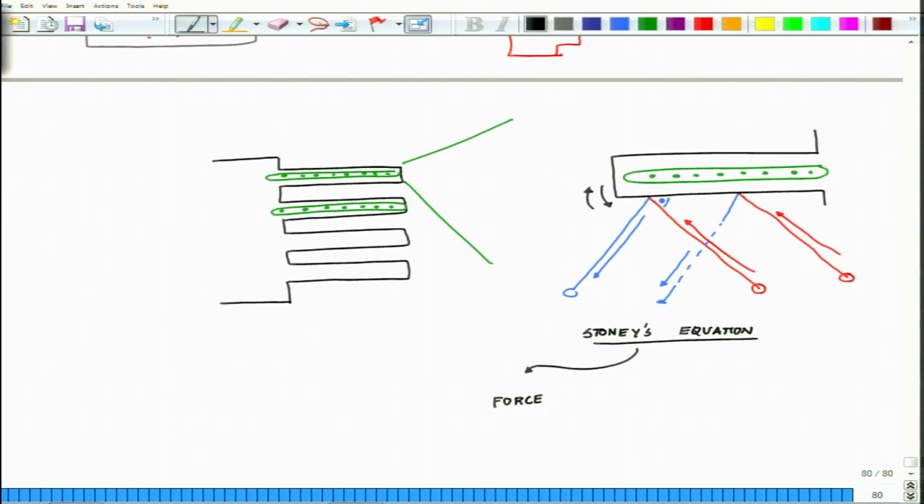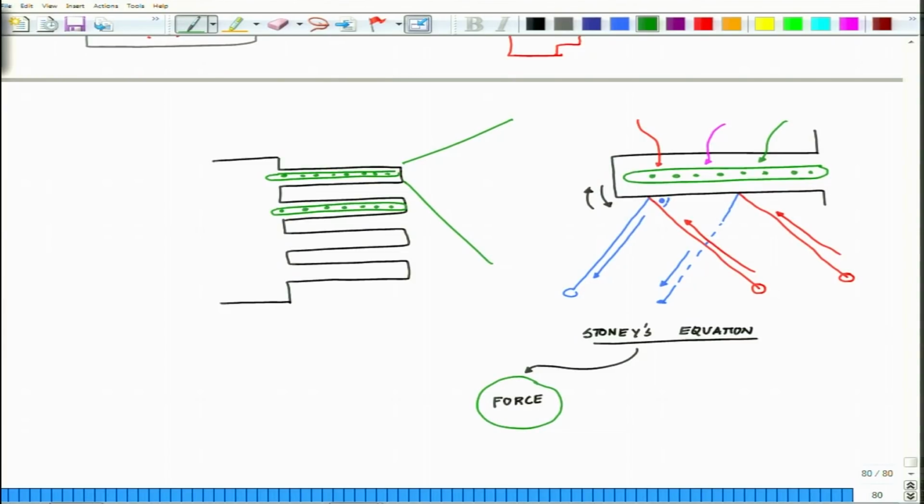So if you know the force, then depending on what kind of drug molecule, what kind of pathological situation the muscle is in, or what kind of material is acting on the muscle, you have a very simple tool by virtue of which you can quantify the force generated by the muscle.